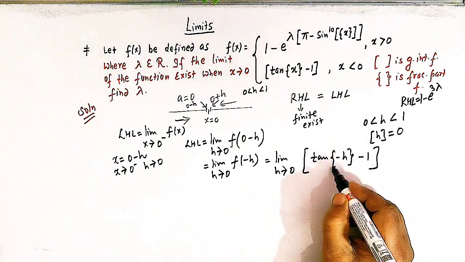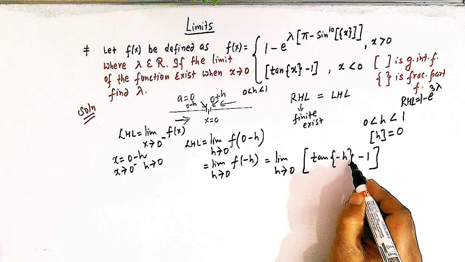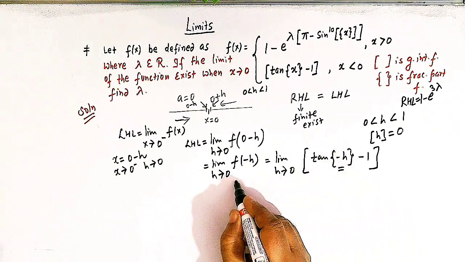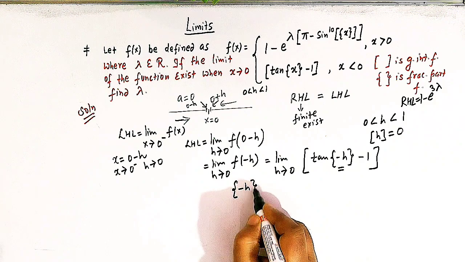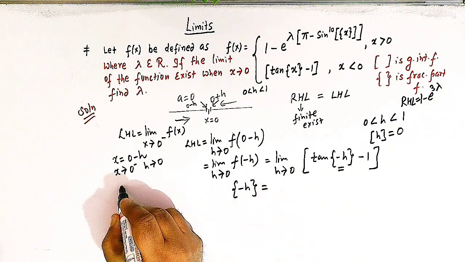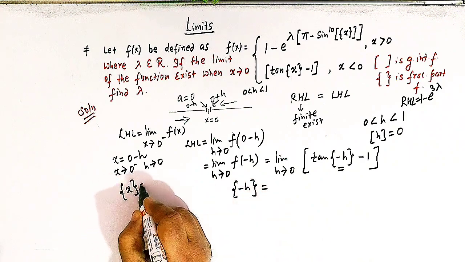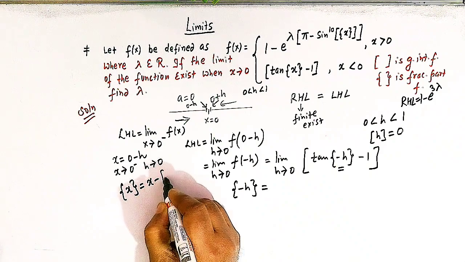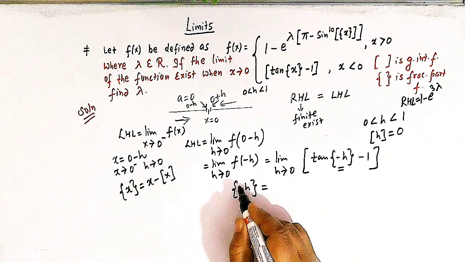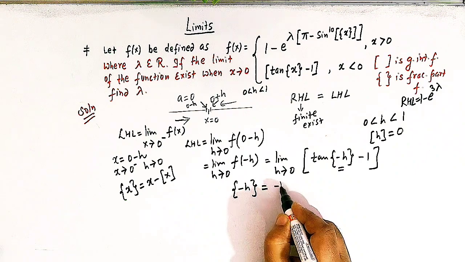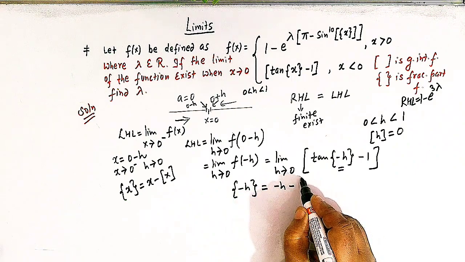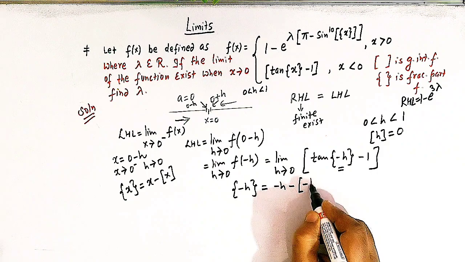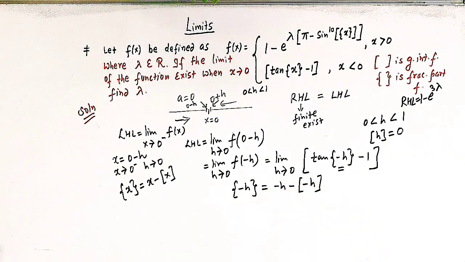Okay, so now let us take this expression, that is the fractional part of minus h. We have just seen that the fractional part of x is equal to x minus greatest integer of x. So fractional part of minus h is minus h minus greatest integer of minus h, right?